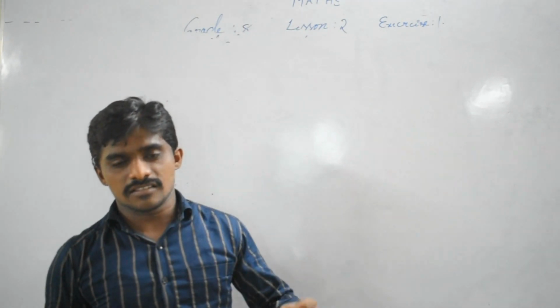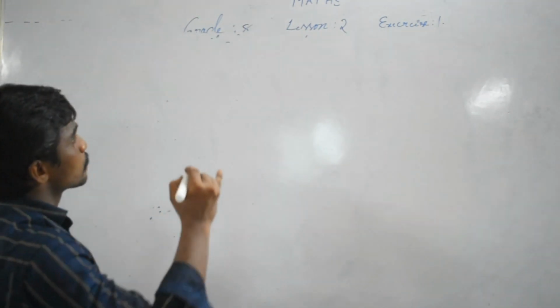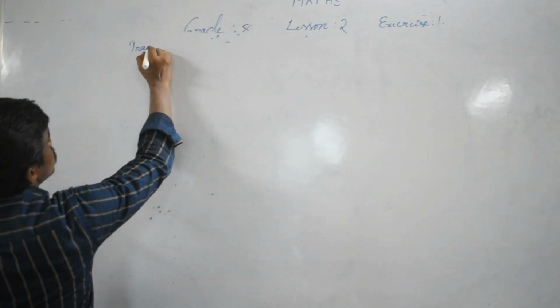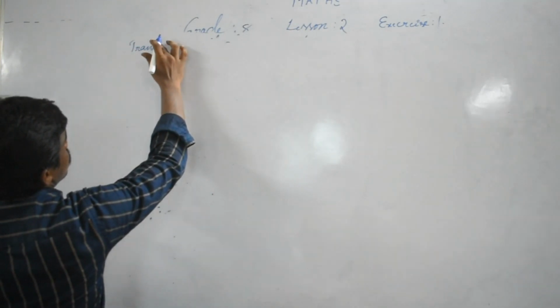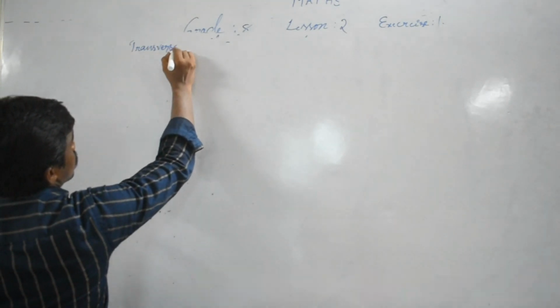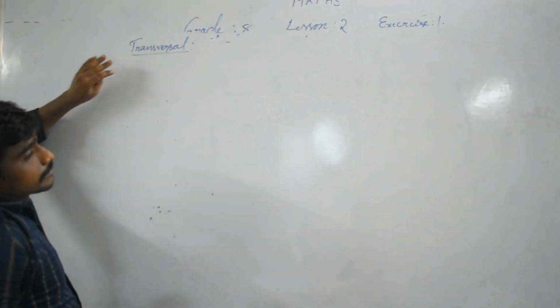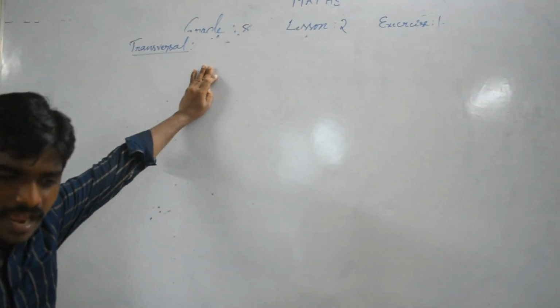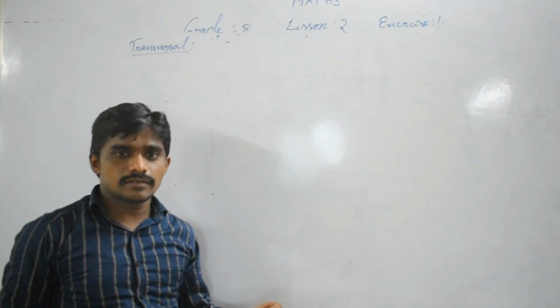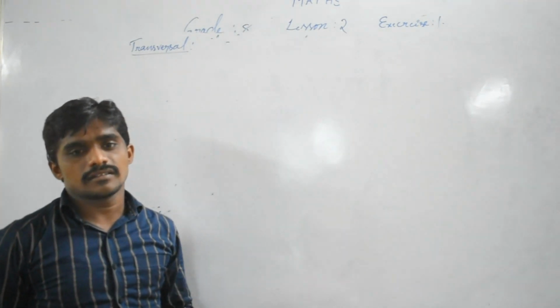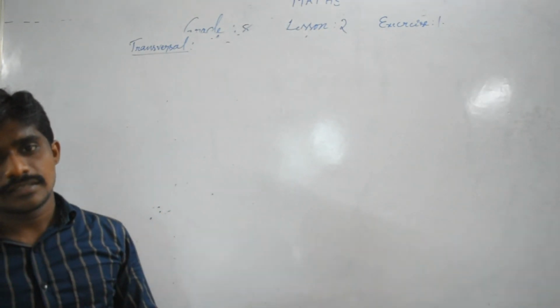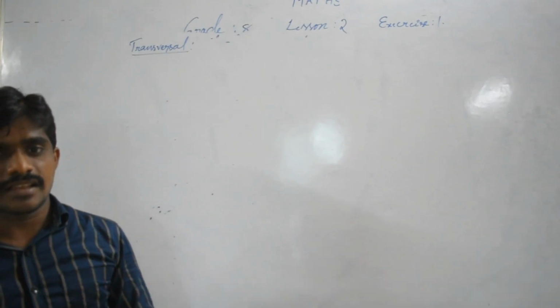discussing about the transversal. What is a transversal? See, transversal means a line intersecting two or more lines, that is called a transversal.